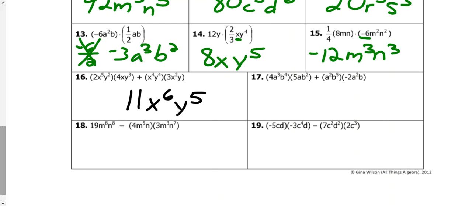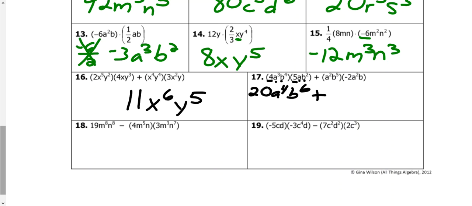Let's look at another one together, number 17. First thing we want to do is look at the first set. We have 4 times 5, that gives us 20. A to the third and a to the first gives us a to the fourth, then b to the fourth and b to the second gives us b to the sixth power.